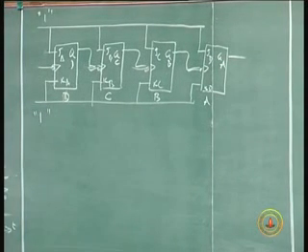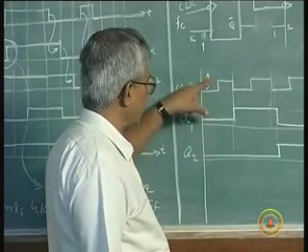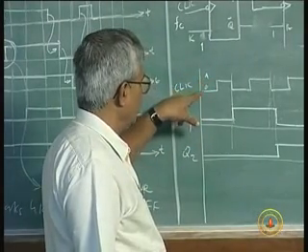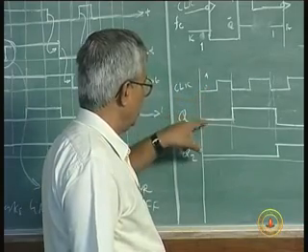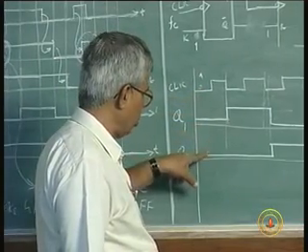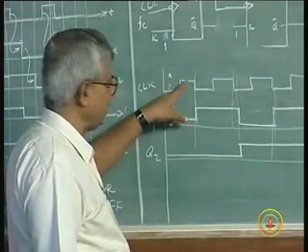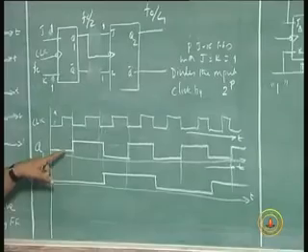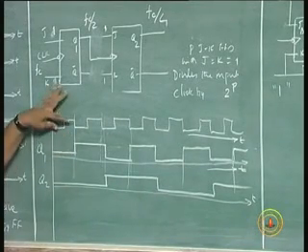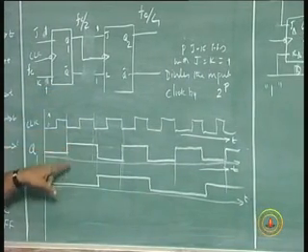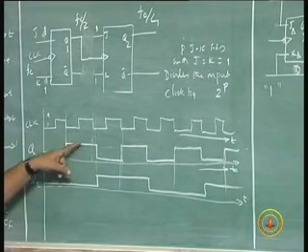If you look at this, when the first clock becomes 0, the outputs are 0, 0, 0, 0, four zeros. Then this becomes 1, then 1, 0, 0, 0.